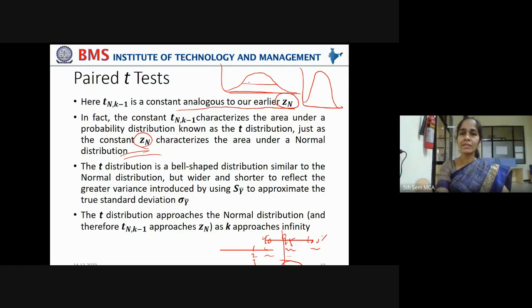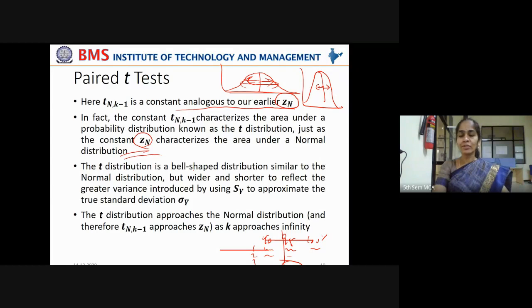This interval is wider and shorter, okay? But wider and shorter to reflect the greater variance. Did you notice here? Variance is higher. When you take the variance or standard deviation in this case, the variance under the curve is higher. So to explain that, this T distribution is being taken.